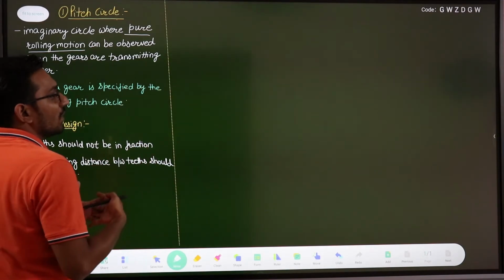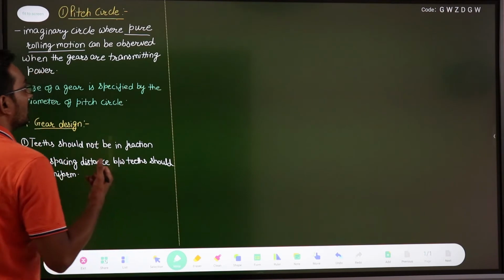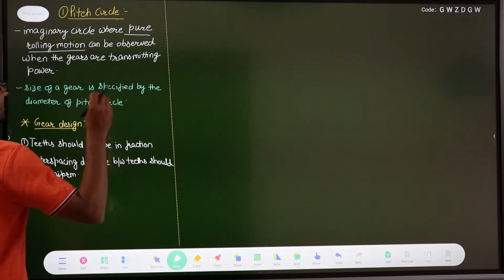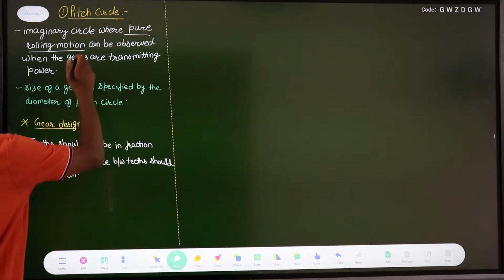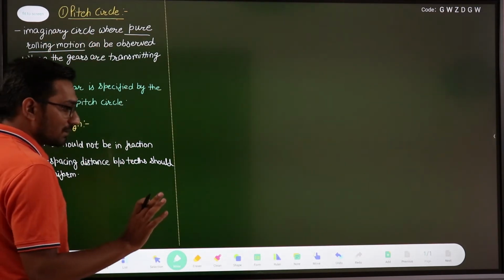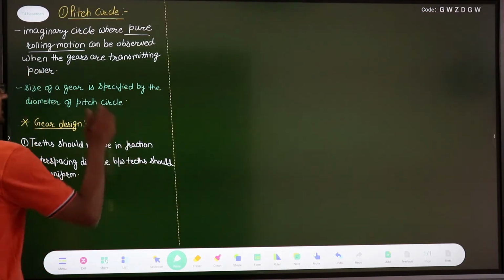When two gears are in contact with each other and power is transmitted from one gear to the other gear, the pure rolling motion can be observed along this pitch circle. Right. So the pitch circle is important because of this condition.